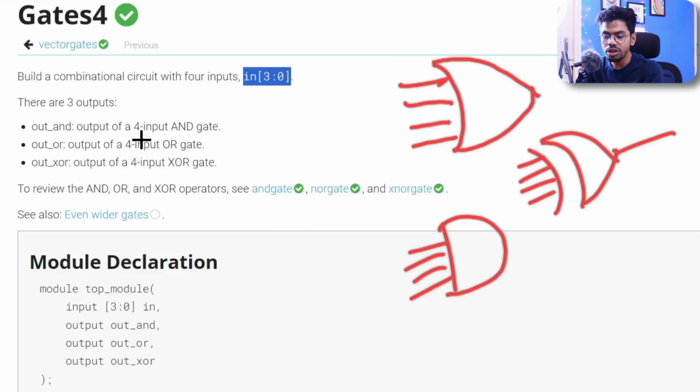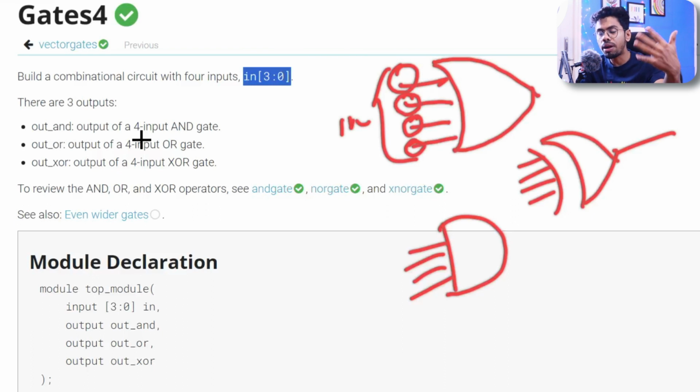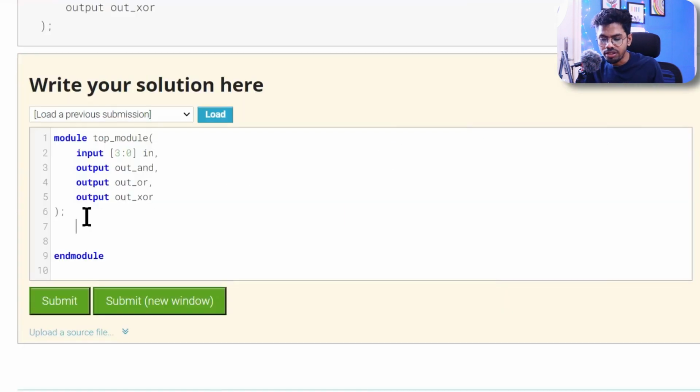So what we need to do is, in is given, so this is your in. First we need to partly select it, which we already know how to do, select a vector partly, and then apply this to the respective gates. So let us try to do this. I have one output first, and that is the output of my AND.